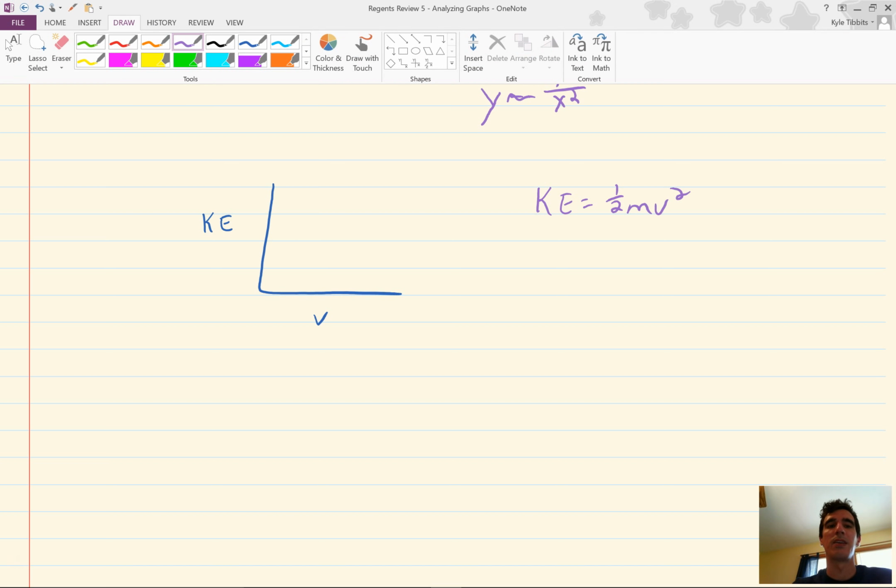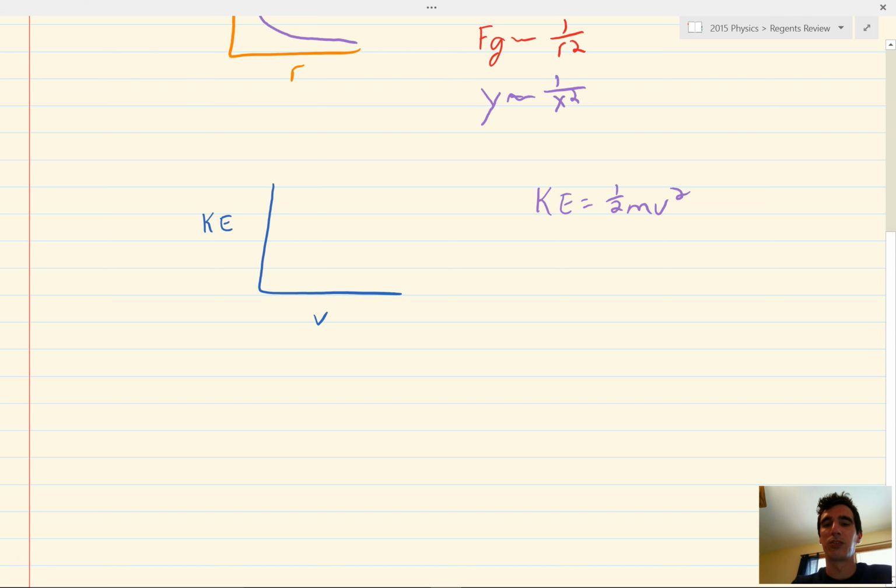All we care about is Ke and V squared, that is. So we get rid of all the constants. So ignore the 1/2, ignore the m. Kinetic energy is proportional to V squared. Ke is represented by the y-axis, and it's proportional to V squared, which is the x-axis, so x squared. So this time we get a graph in a calculator that looks like that.